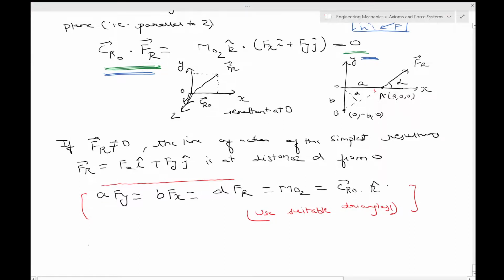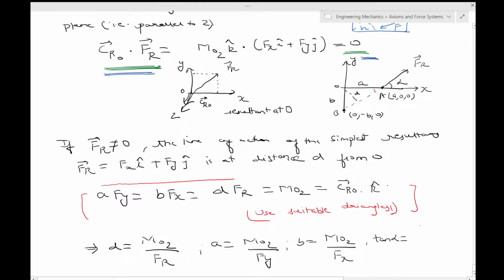This should imply that D is equal to MOZ by FR, A is equal to MOZ by Fy, and B is equal to MOZ by Fx. tan alpha is equal to Fy by Fx.